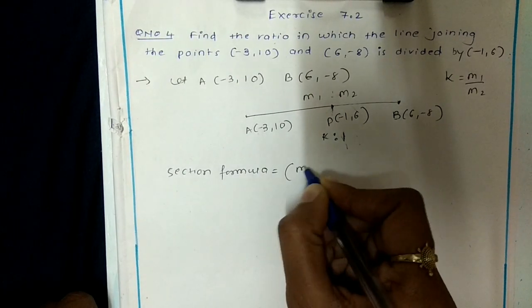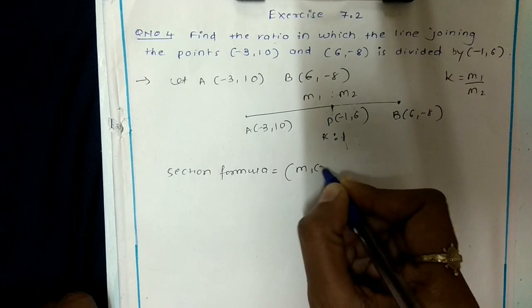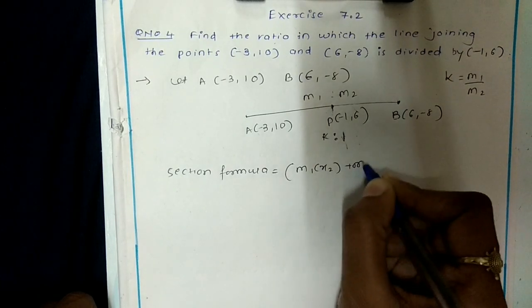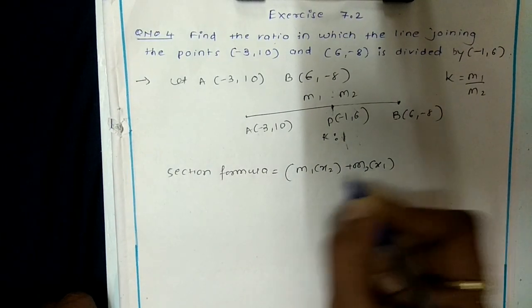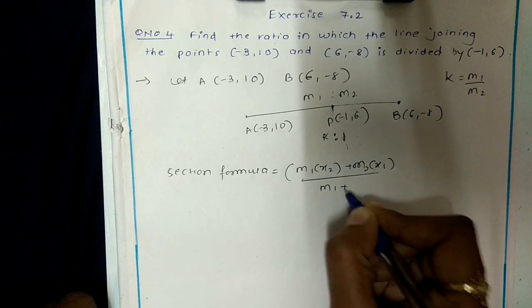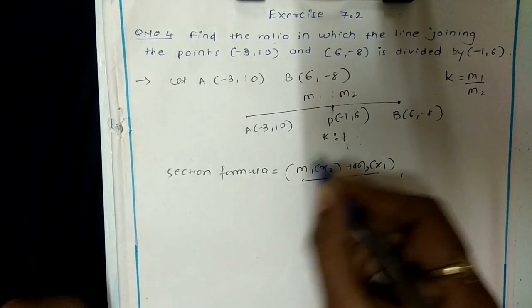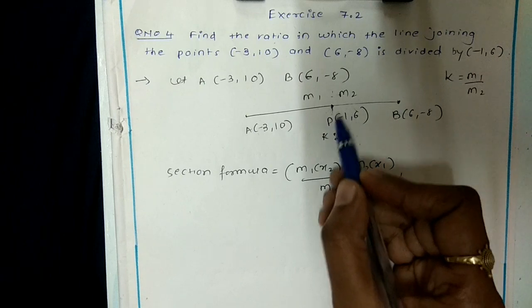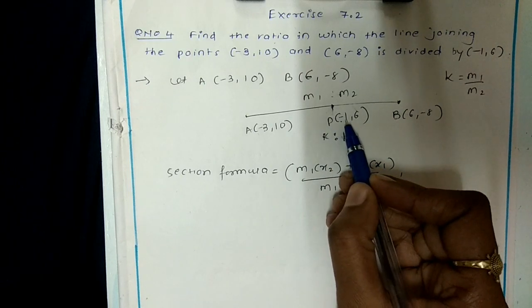x equals m1 x2 plus m2 x1 divided by m1 plus m2. This is the formula to find the x coordinate, and the x coordinate is already given, that is -1.